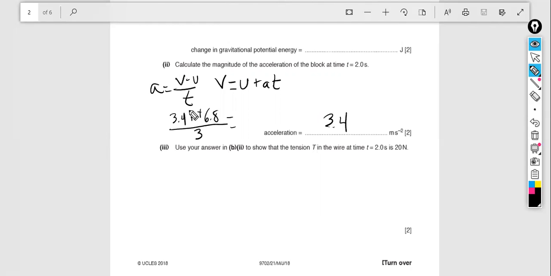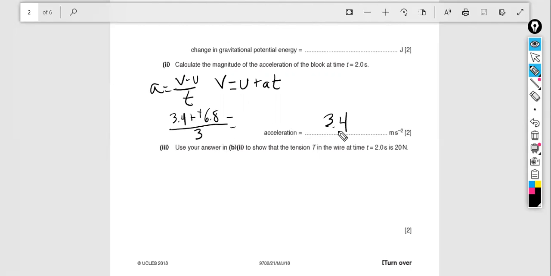And it should agree with the conclusion we just reached by calculating the slope from 2 to 3 seconds. Remember, we got 3.4. So 3.4 plus 6.8 divided by 3 is also 3.4 meters per second squared. So it's always going to work, okay? Just find some good points there and plug them in.